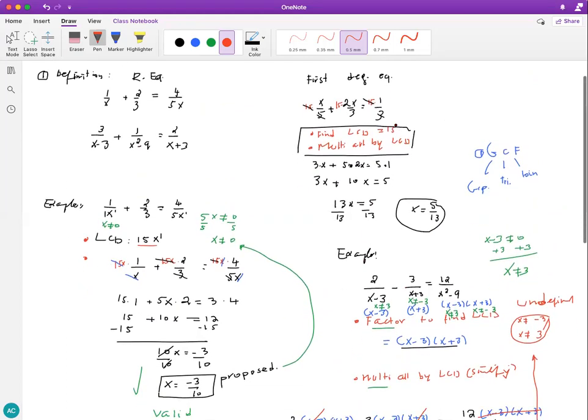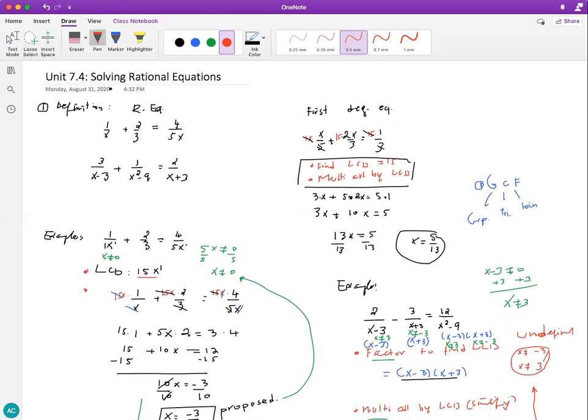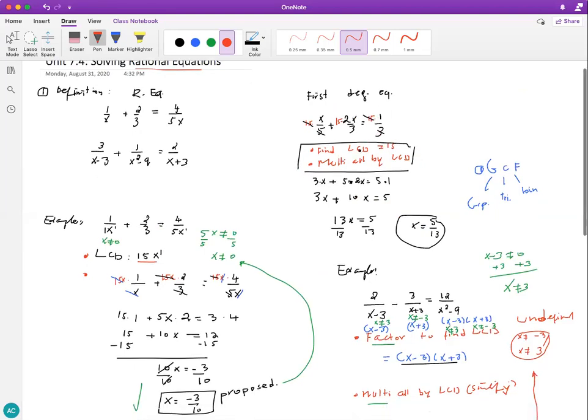that's the whole concept of rational equations. We call them rational equations because they're made of rational expressions. A rational expression is just a fraction that happens to have polynomials in it, binomials, trinomials, whatever. But solving them is similar to solving first-degree linear equations that we solved before. Find your LCD, multiply by the LCD.